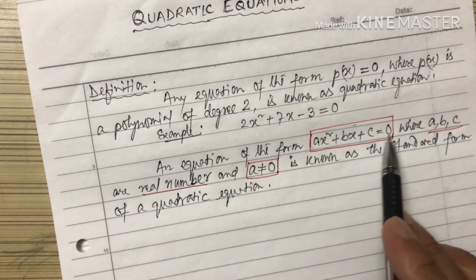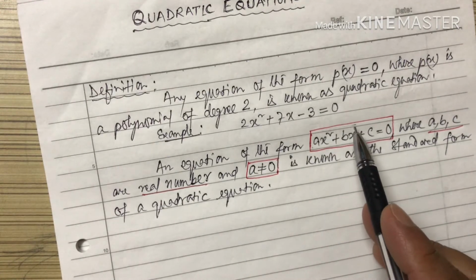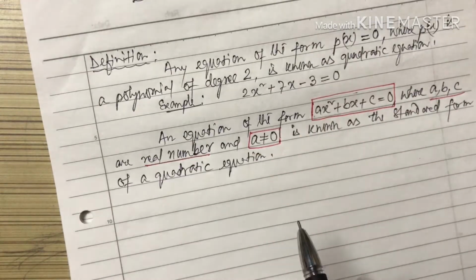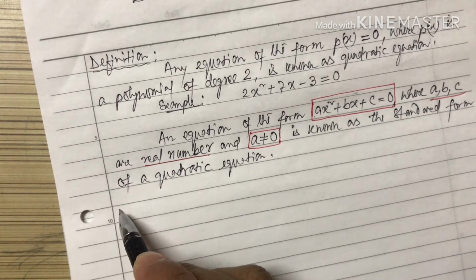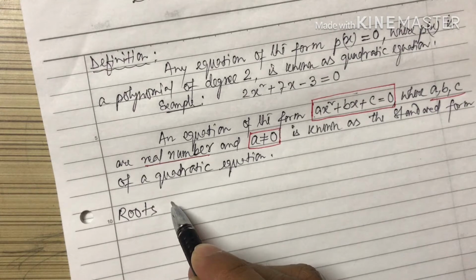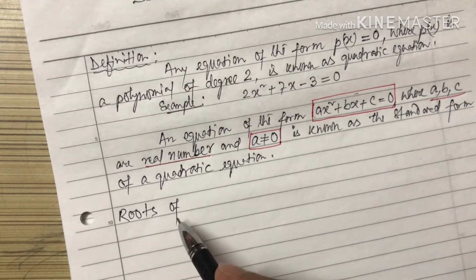So wherever we find this form, we consider it the standard form. Now, once we know the quadratic equation, let's see the roots, which means zeros. In the case of a quadratic polynomial we used to say zeros.